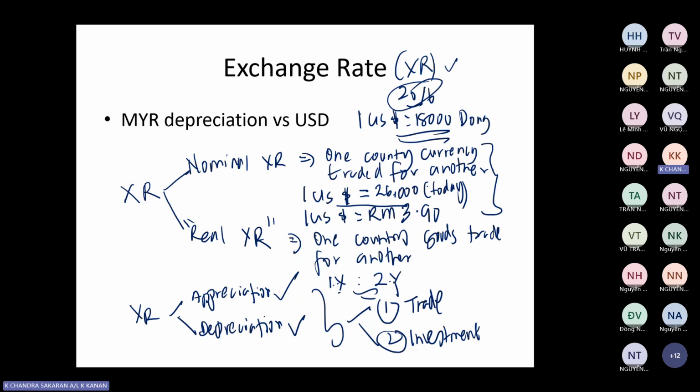For Malaysia during the COVID period, the ringgit depreciated a lot against the US dollar. Now it is slowly improving. Last year the ringgit traded at $1, 4 ringgit. Now slowly the ringgit is becoming stronger and stronger, appreciating against the US dollar. Any question here?